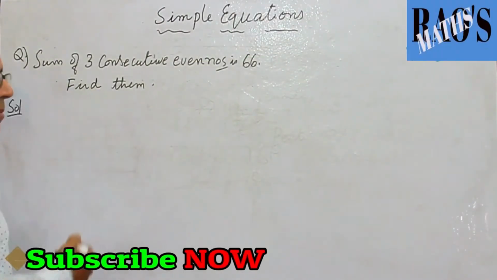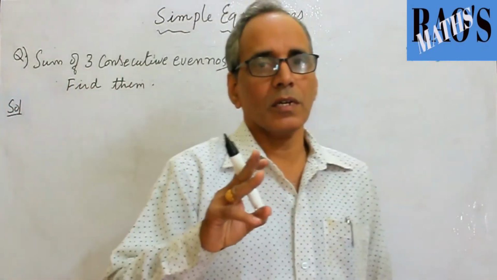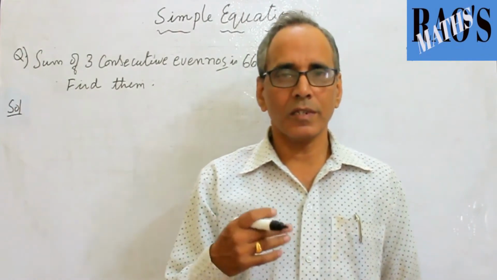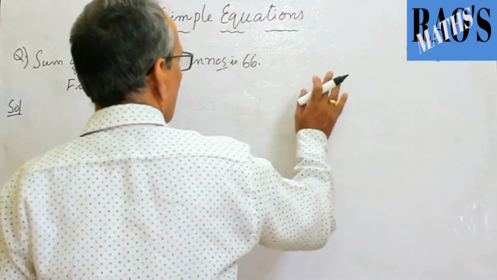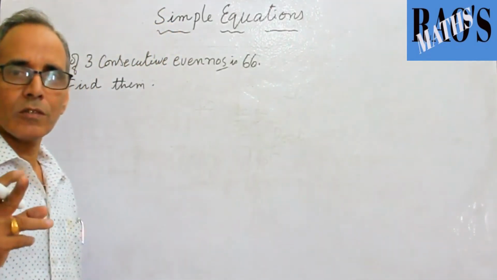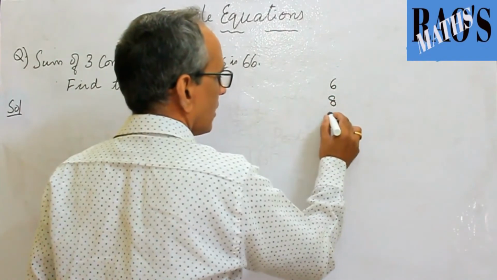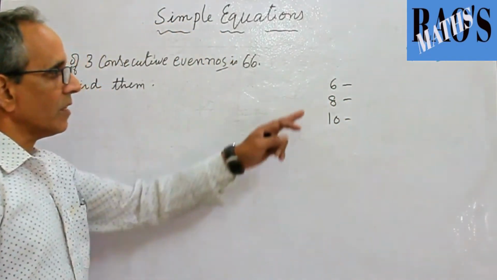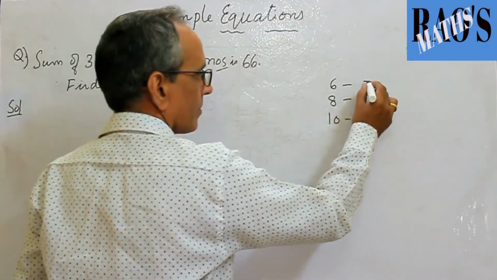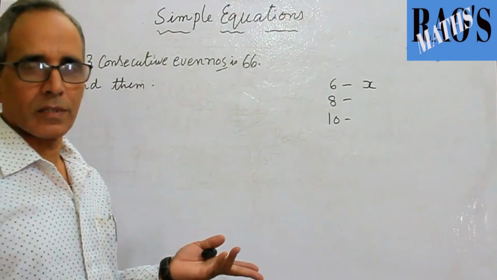In this question, you are given the sum of three consecutive even numbers, not consecutive numbers. Let me remind you one more time. Let me write three consecutive even numbers, suppose 6, 8, 10. If I define the first one as x, what is the next consecutive even number? 2 more than the previous.